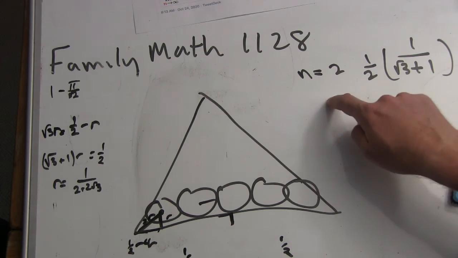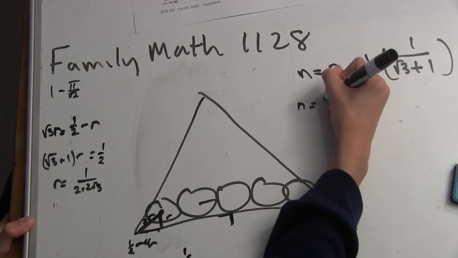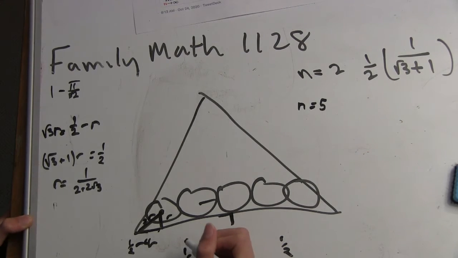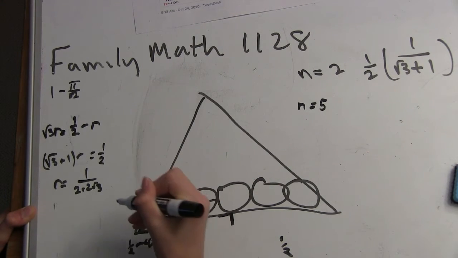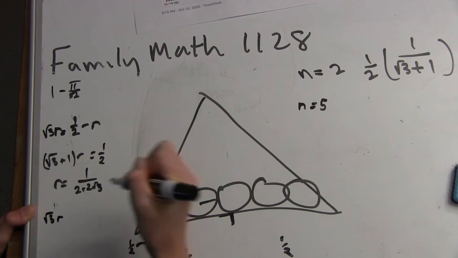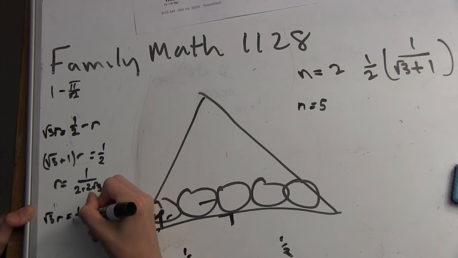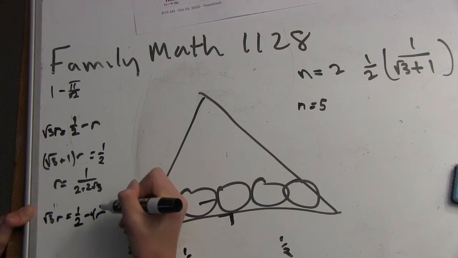So why don't we do it for n equals 5? We get root 3r equals 1/2 minus 4r.